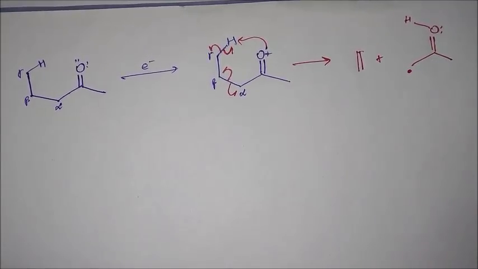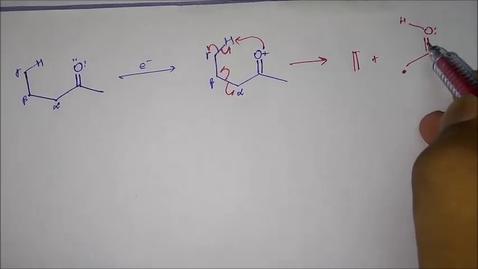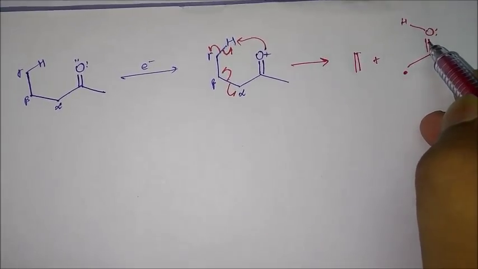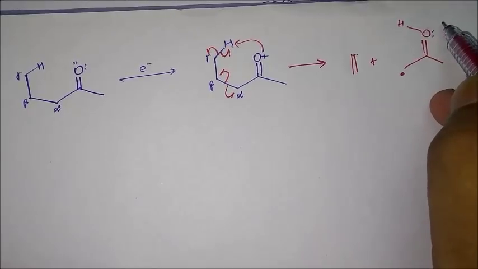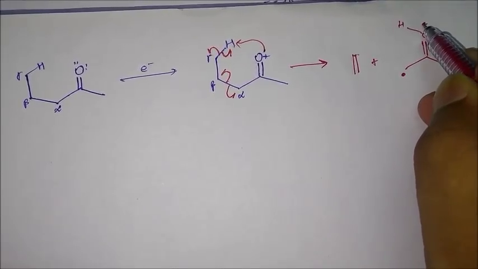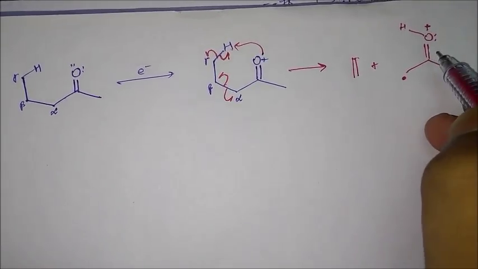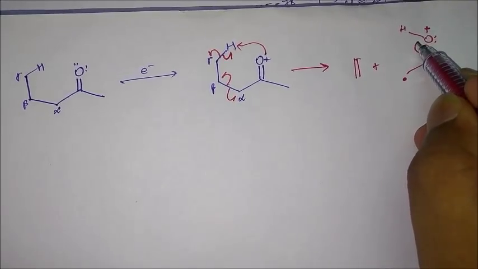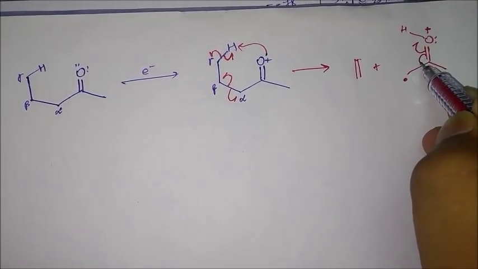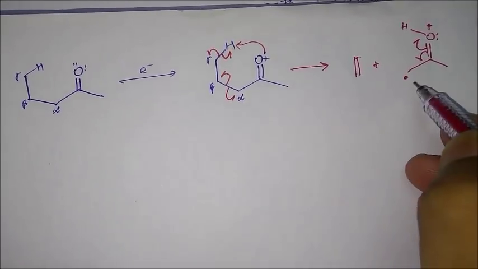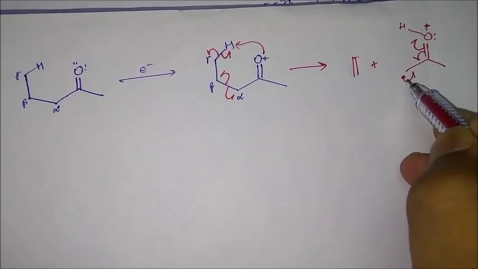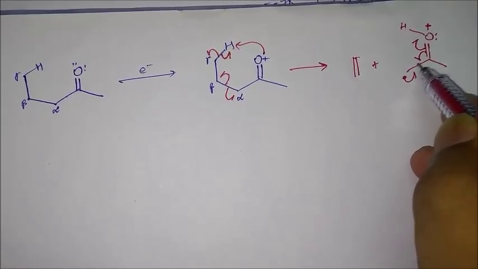This is not that stable a compound. Now again rearrangement will happen, and we are having one plus charge. So again rearrangement will happen. This will go there and this will go there. This pi bond will undergo homolytic cleavage, and this free radical will go to form a bond here.